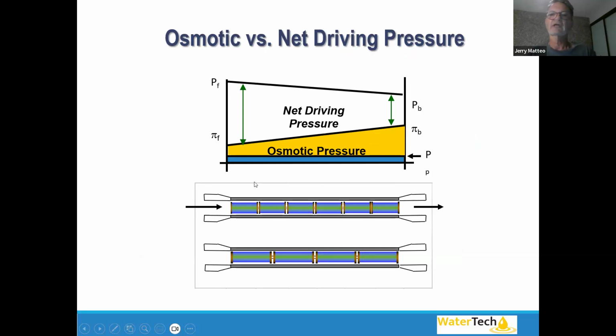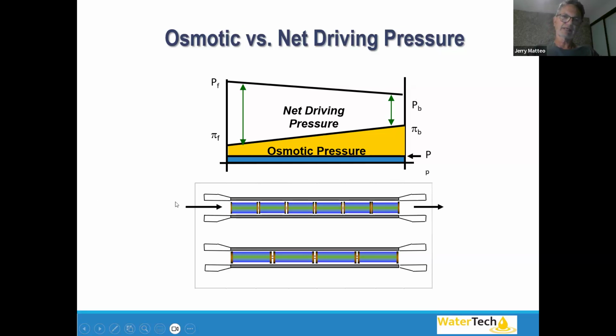Remember, osmotic pressure is the pressure required to drive water out of a dissolved water source through our membrane. So I need a certain amount of pressure here, but I need a lot more here. What this shows is I need more pressure, this yellow or gold bar. I need a lot more pressure here in the back than in the front. But because of pressure drop, I have less driving pressure.